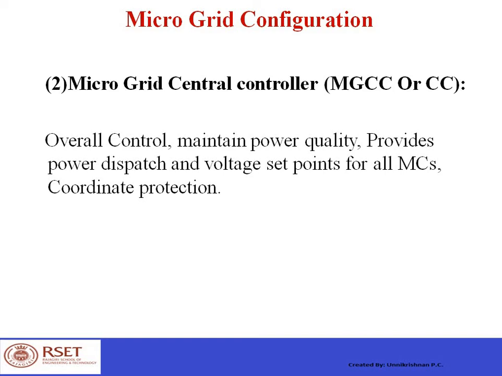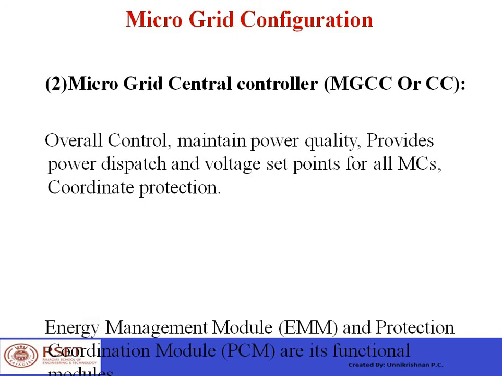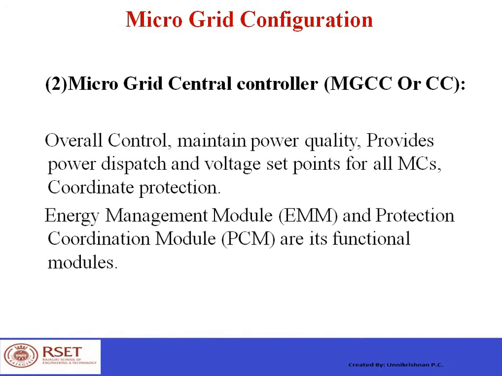It will also give the voltage set points to all the micro source controllers, and it will coordinate among the micro source controllers to meet the load. The load and the generation should be equal at all points of time. It consists of two modules, the energy management module and the protection control module. We will see these modules later in detail.